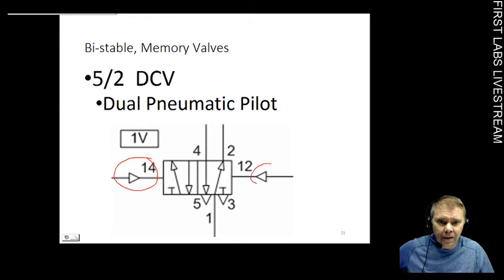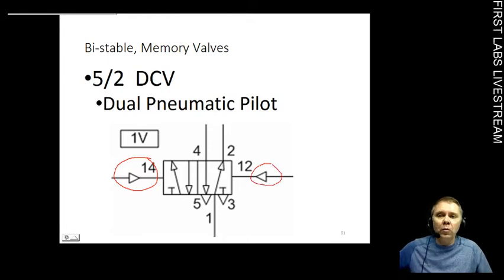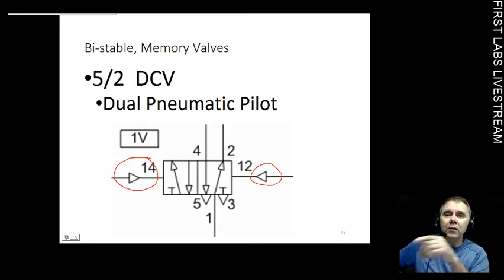So the air actually forces it one direction or forces it the other direction. And if you operate this air right here, it will push it to the right, and it will stay to the right. It will not fall back unless you operate 12. You take the air off 14 and you operate 12. Then it'll push it back.